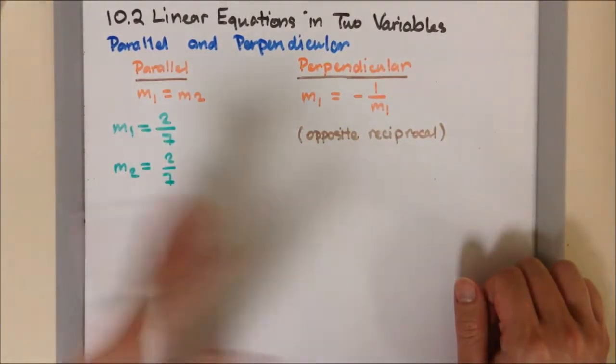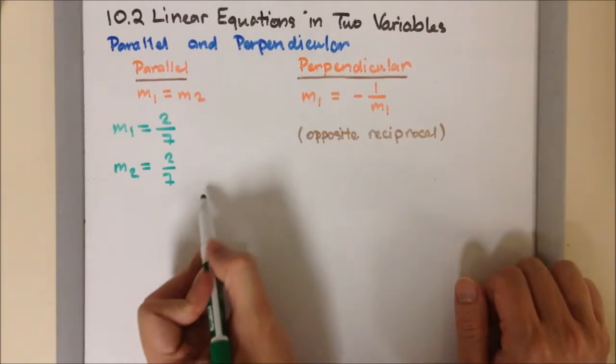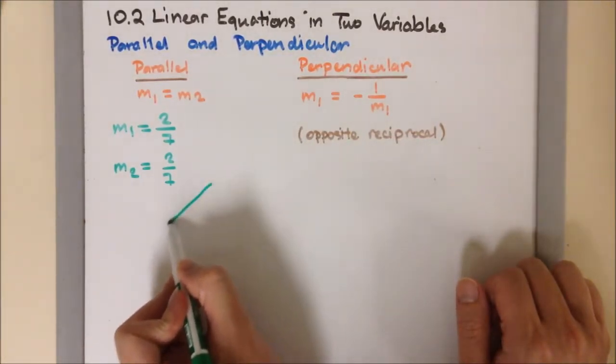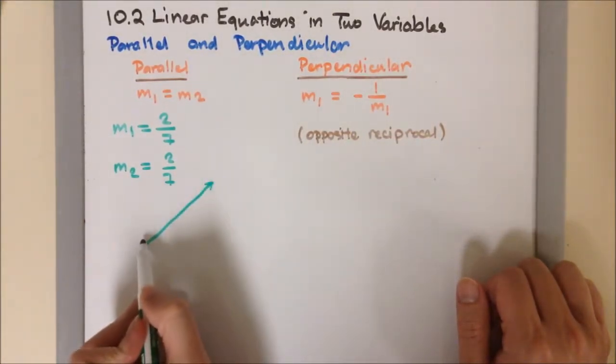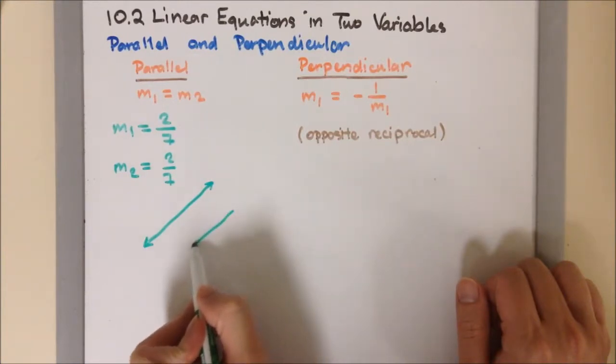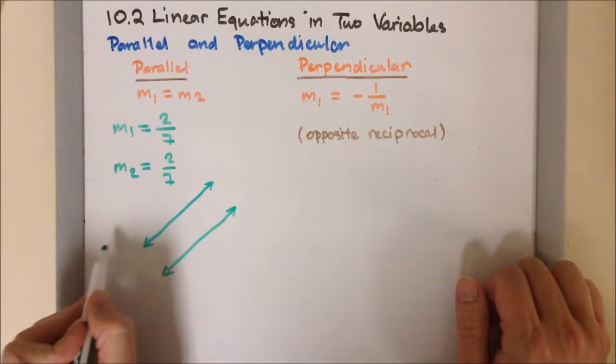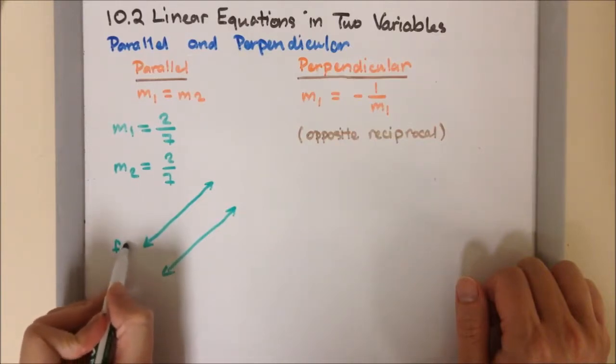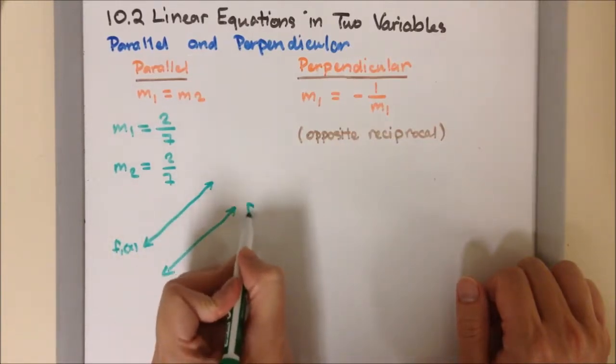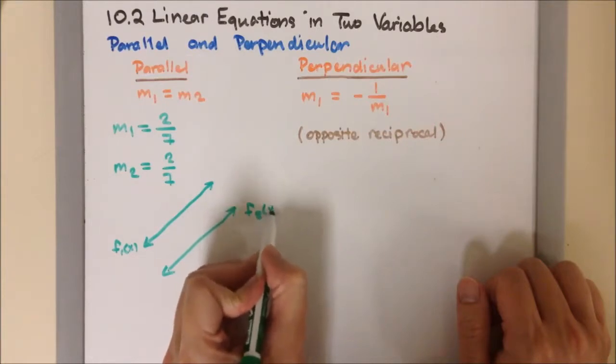Now, if you were to talk about the graphs, for example, here are two lines. This one is f sub 1 of x, and then f sub 2 of x.